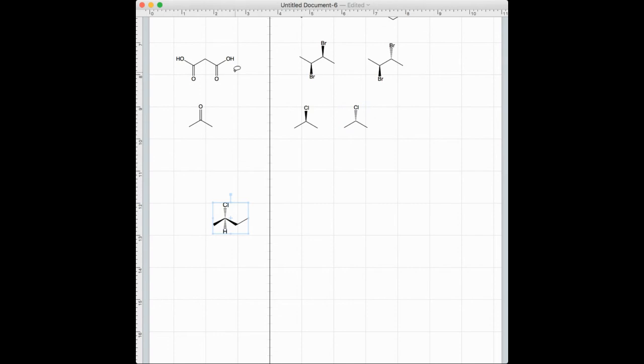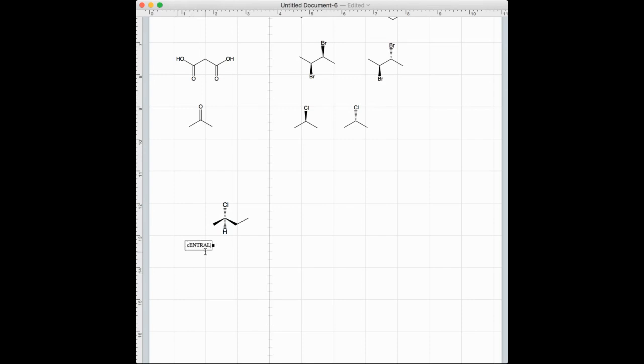So once again, the carbon in the center, this carbon here, is bonded to chlorine, CH3, hydrogen, and CH2, okay? So I'm going to write it over here.